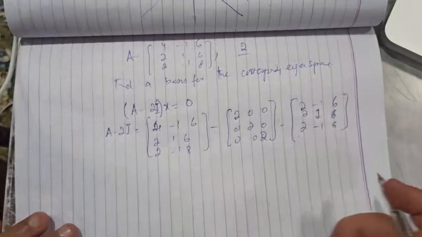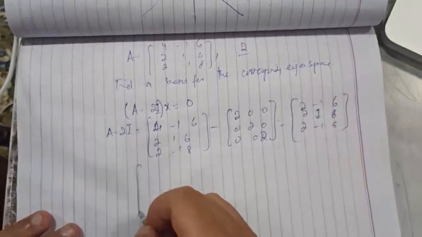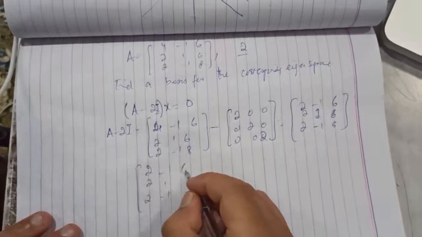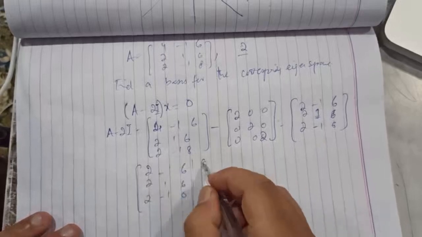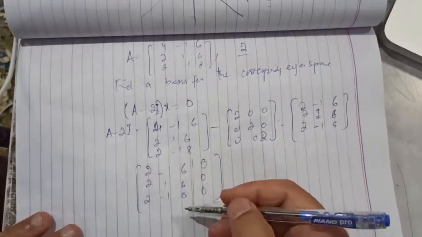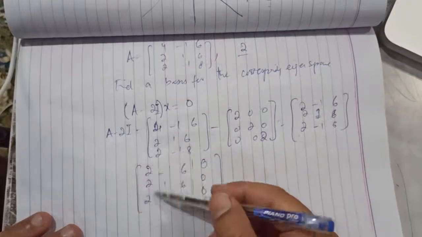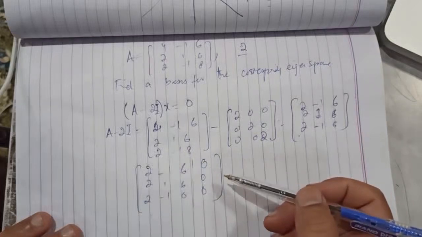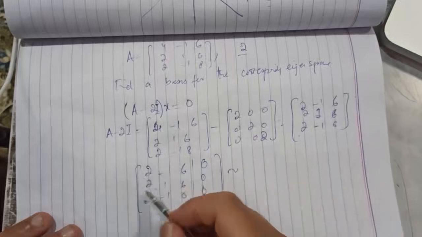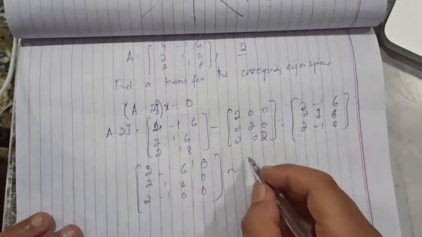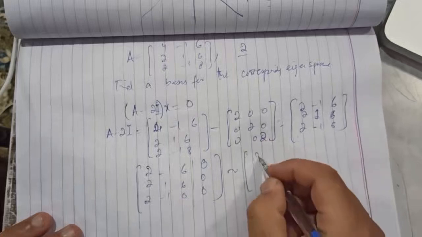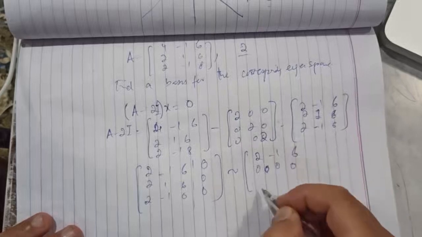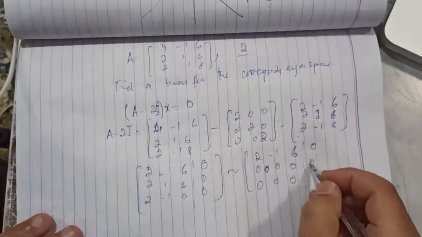Now we can again apply augmentation to solve this problem: -1 -1 -1, 6 6 6, augmented with 0 0 0. If you subtract the first row from the third row, and similarly subtract from row 2, you can reduce that. The answer comes out to be 6 6 6 in one row and 0 0 0 in the others.